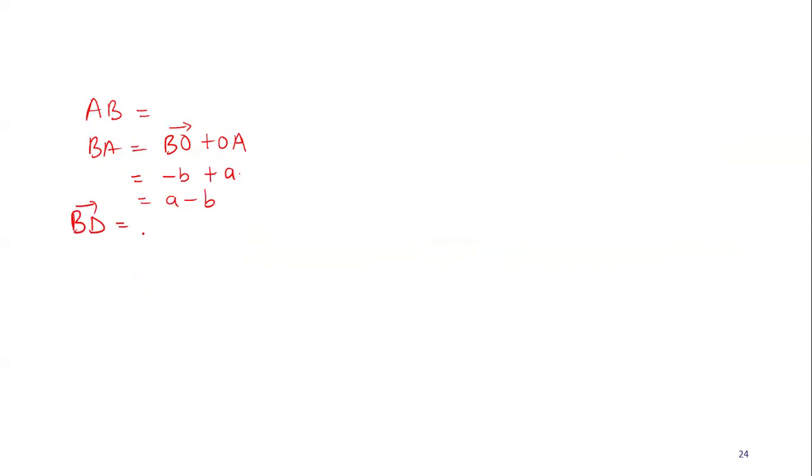Yes. BD is going to be a half of BA. We shall say a half into A minus B. Then it will be A out of 2, minus B out of 2.